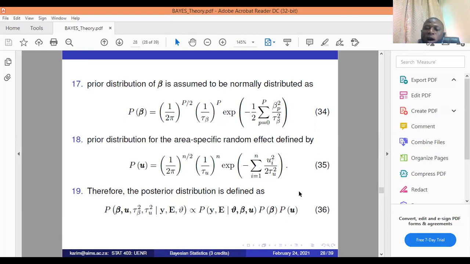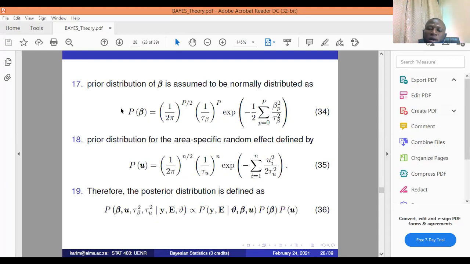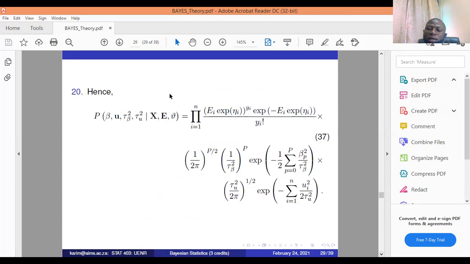So therefore, our posterior distribution is going to be the product of the likelihood function that we have here, that of the parameter estimates, and that of the residuals. And therefore, we multiply them.